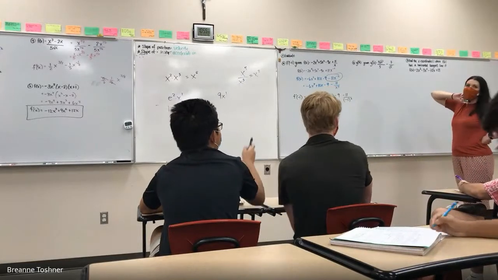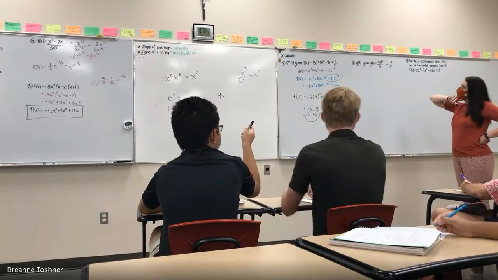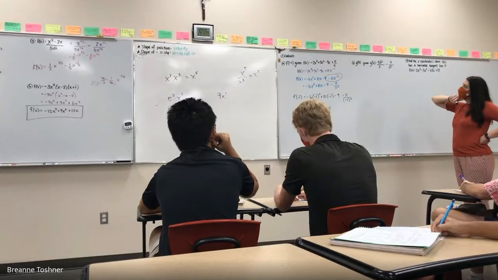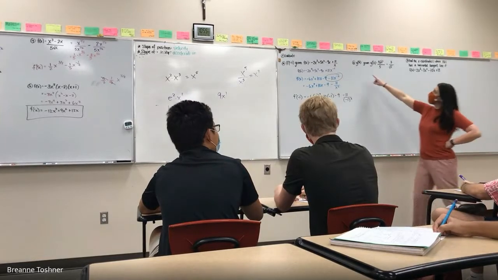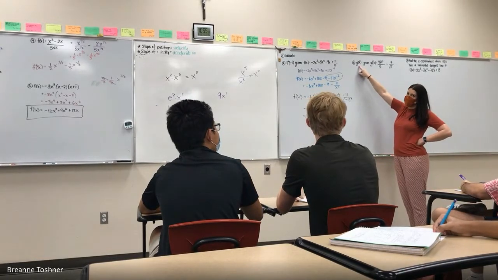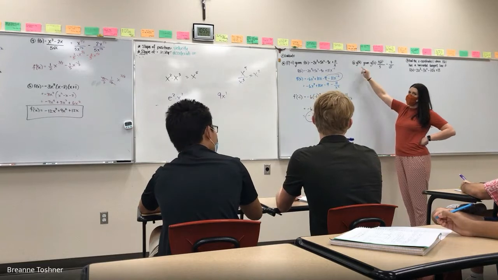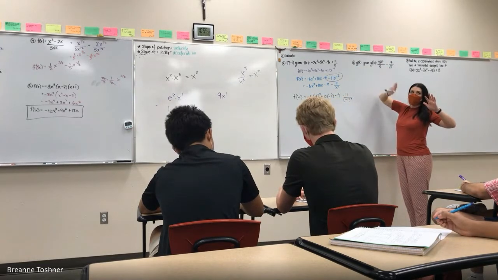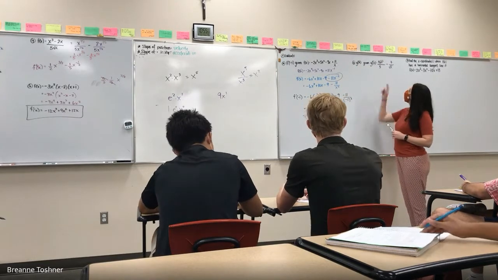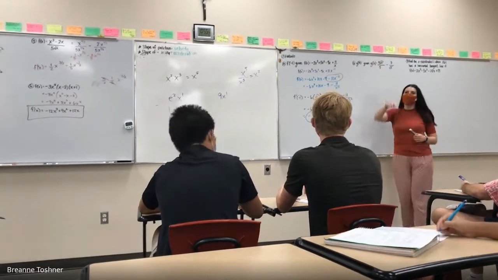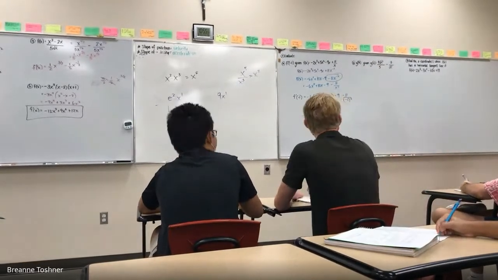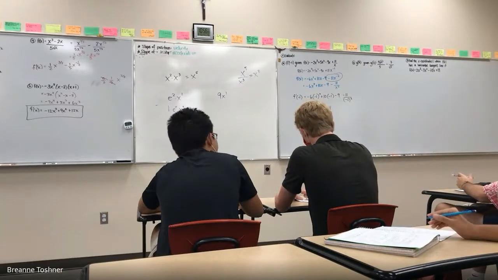What's it supposed to be? But I asked you to find g prime of 4. I think I wrote this right. Gotcha. That would have been so much easier.